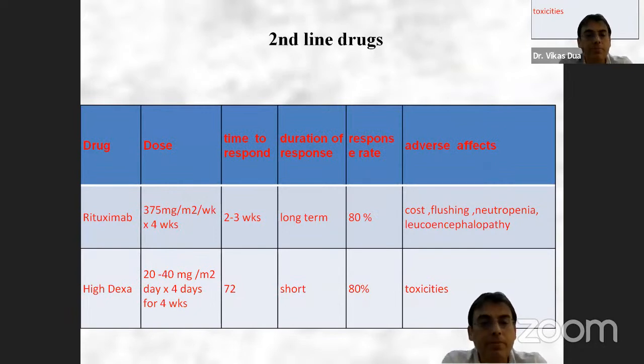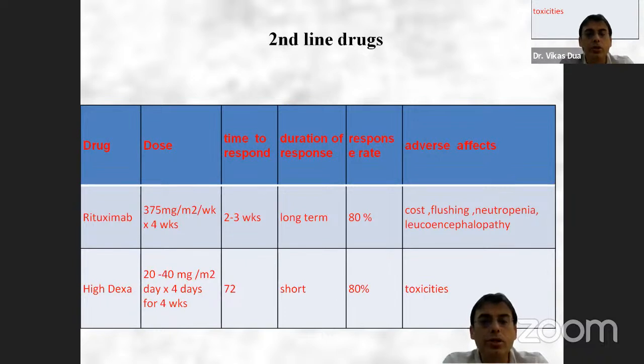Options like rituximab at a dose of 375 milligram per meter square per week for 4 weeks. You see a response in around 3 weeks in around 70 to 80% patients. You can try high dose dexamethasone at a dose of 20 to 40 milligram per meter square per day for 4 days. And you see a response in around, I would say, a few days.